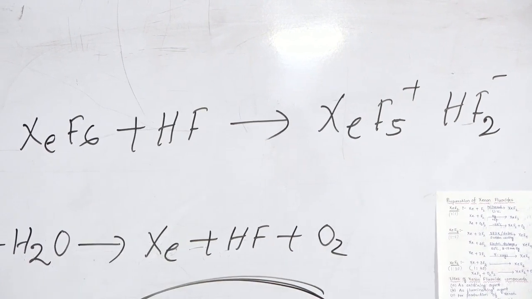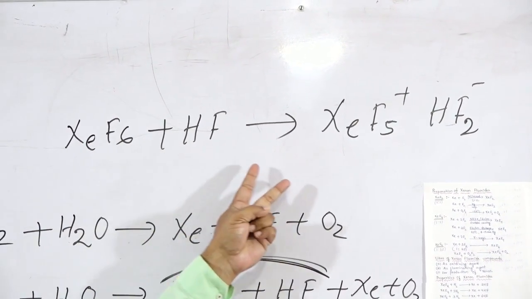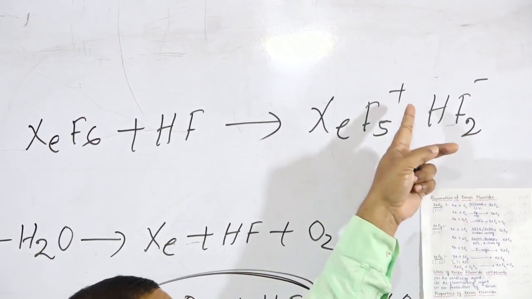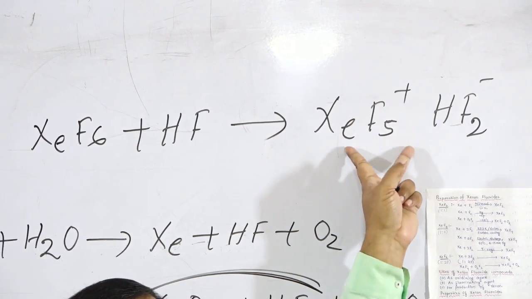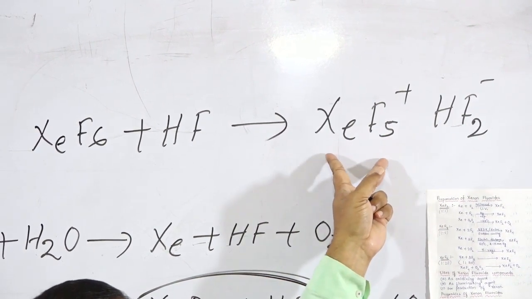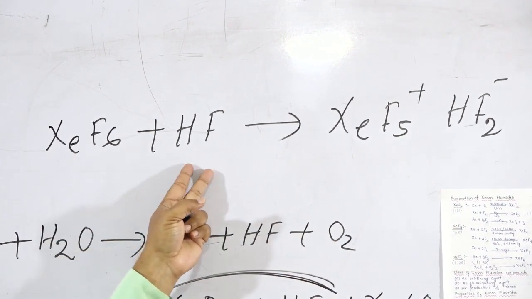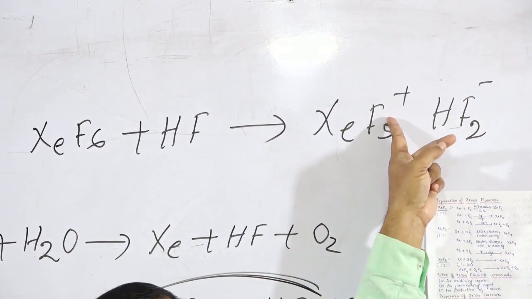Because of the formation of cations and anions, they have the ability to conduct electricity, or you can say that xenon hexafluoride in HF conducts electricity because of the formation of cations and anions.